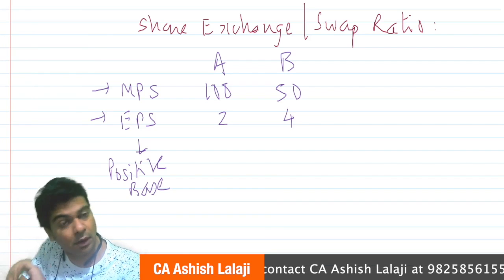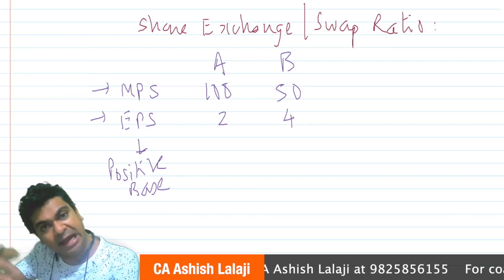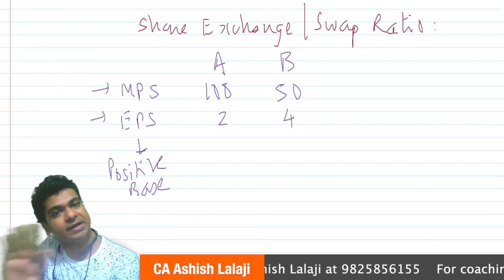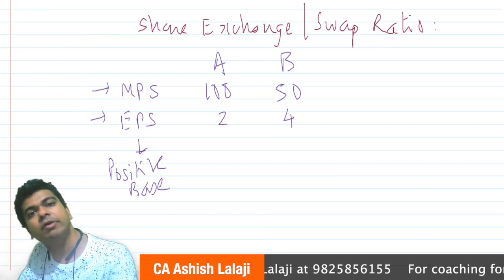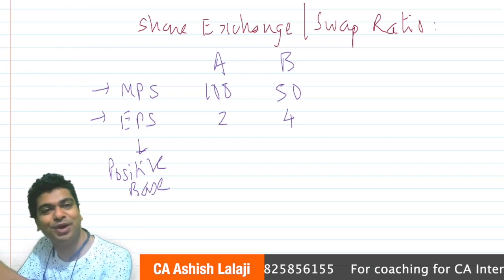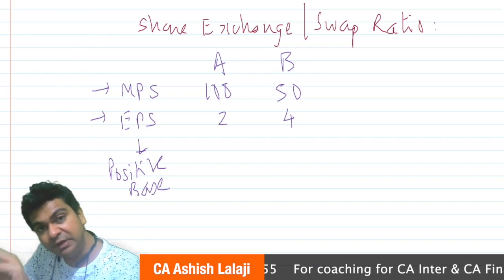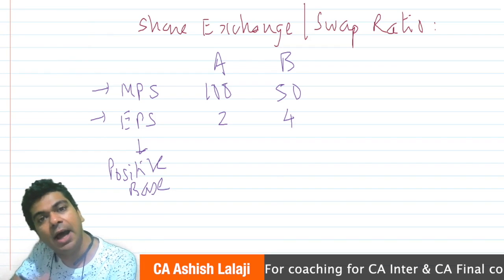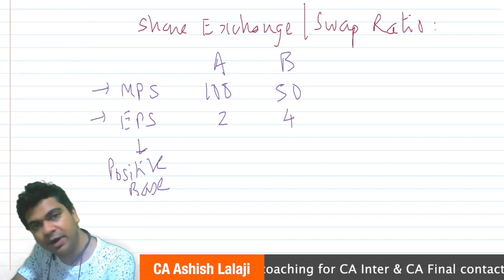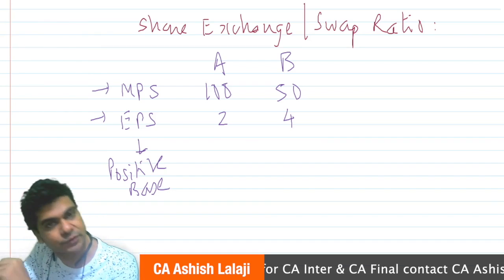Ask yourself, will you like the market price per share of a company to be as high as possible or as low as possible? Let us say you have invested in shares of some company. Will you like the share price of that company to rise or to fall? Shall you prefer a higher MPS or a lower MPS? Obviously, I will like the MPS to be as high as possible.